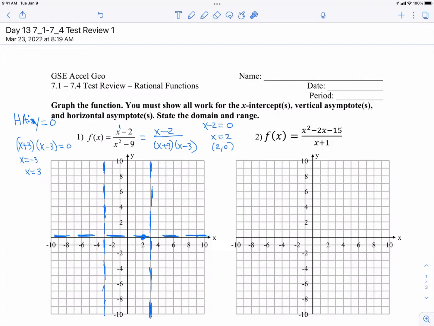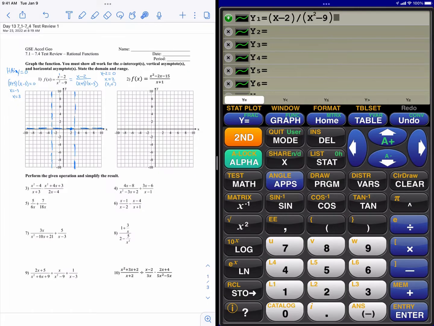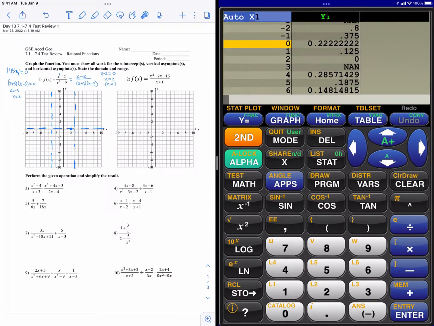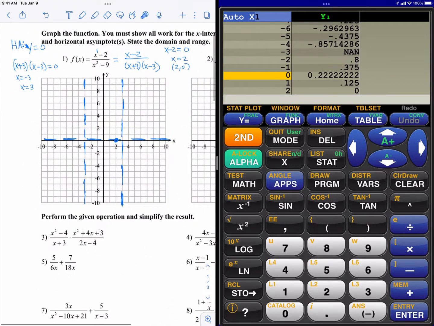Now we can go for some extra points. To find the extra points, we want to use our table. You can see on the right that I've typed in the equation on the y equals line, and now I'm going to press the table button. Here's my table. Back on the graph, I want to find points to the left of negative 3, so maybe I'll choose negative 4 and negative 6.